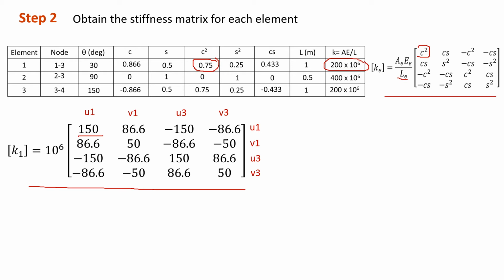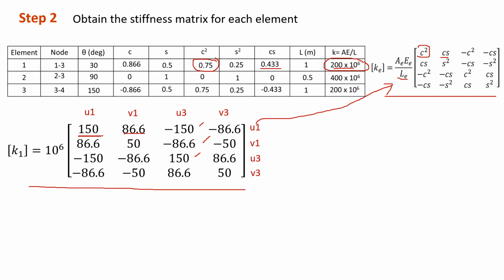So 200 times 0.75, then we obtain 150. For the second value, we just need to refer to CS. The value is 0.433, so 0.433 times 200 is equal to 86.6. And the rest will be the same method. How to define all these values? Just refer to this matrix.